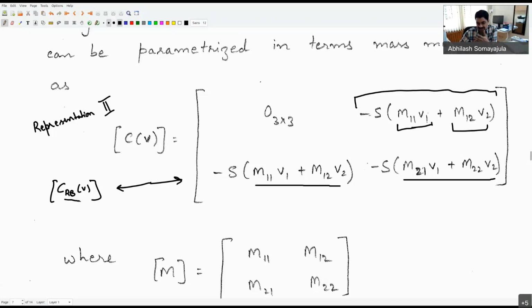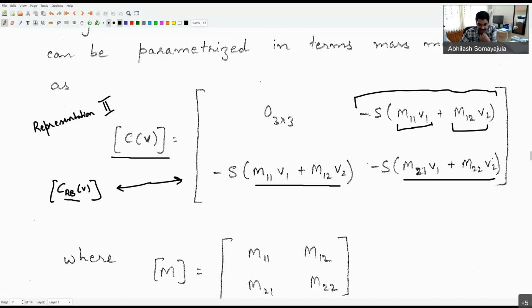Now, we saw that for the rigid body dynamics, and the idea is that there is a more general result: for any mass matrix, as long as I know it, I can always formulate the so-called Coriolis matrix corresponding to that mass matrix using this expression which you are seeing here. So it not only applies to the rigid body mass matrix, it also applies to the added mass matrix.